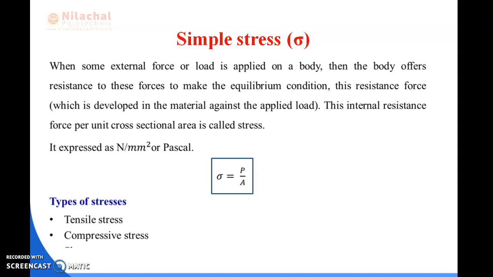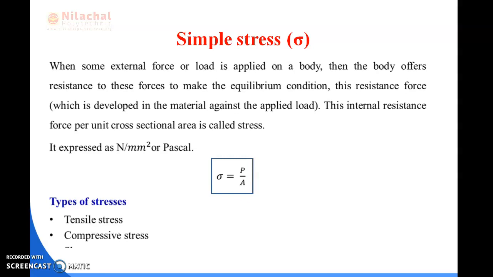To make the equilibrium condition, that resisting force of the body per unit cross-sectional area is known as stress, which is mathematically represented as sigma equal to P by A, where P is the resisting internal force and A is the area.